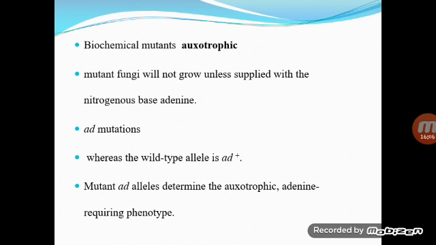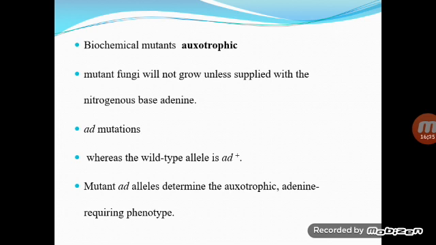It means in an auxotrophic microorganism there is some kind of deficiency. So this deficiency has to be met, then these types of microbes can grow.